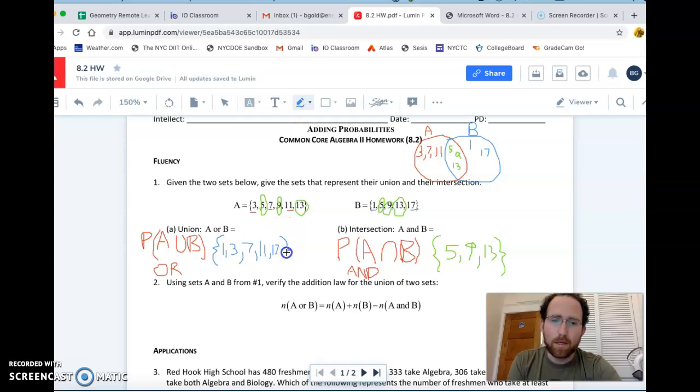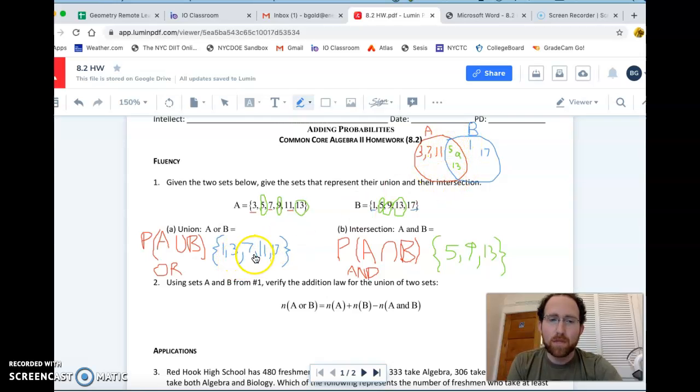These are all of the numbers that it doesn't share, but you need to remember the OR section of it. The OR section means that it can be the shared numbers.